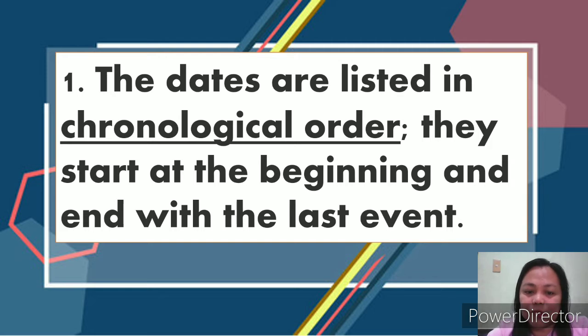So it is start at the beginning and end with the last event. So that is the meaning of chronological order. So chronological order is the same as start at the beginning and end. Okay, that is synonym.